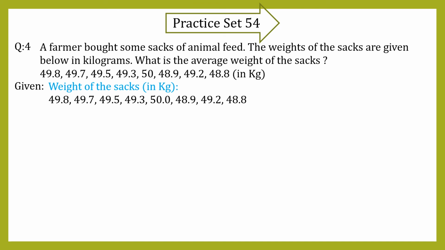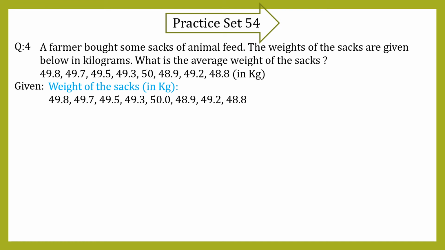We have been given weight of the sack in kilograms as 49.8, 49.7, 49.5, 49.3. Now 50 can be written as 50.0. Now why we are doing this? Since all other numbers are given in the form of a decimal fraction, and after decimal we have only one digit.